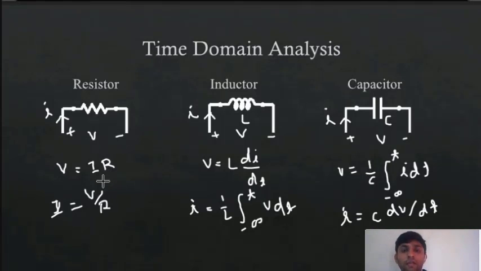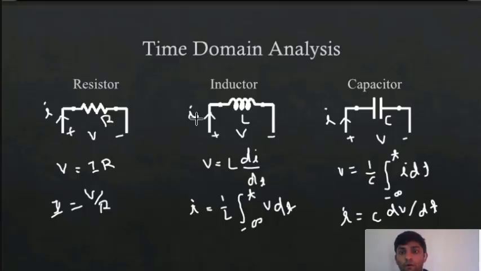It does not depend on the change in current or change in voltage across it with respect to time. If we change the resistor, accordingly its current and voltage will change. So it doesn't depend on time, it depends on the value of the resistor.